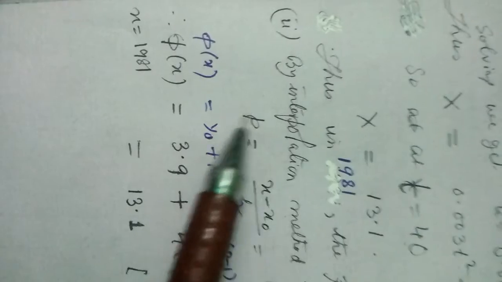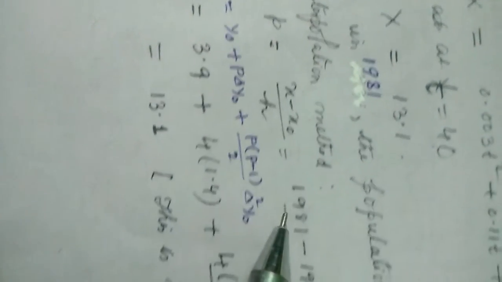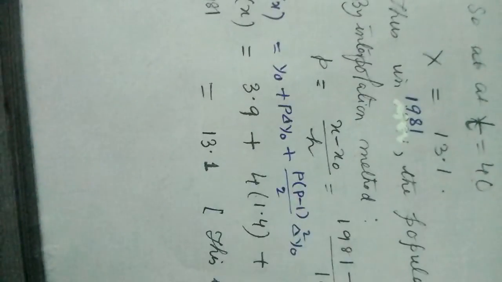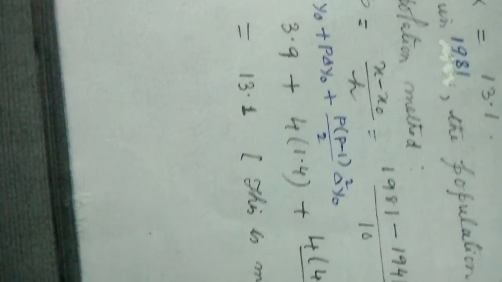That is the answer. And by the interpolation formula you can also use this: p is equal to this. Then the formula, then we put the value. This is 1981. This is the same answer, and this is a more easy method to do.